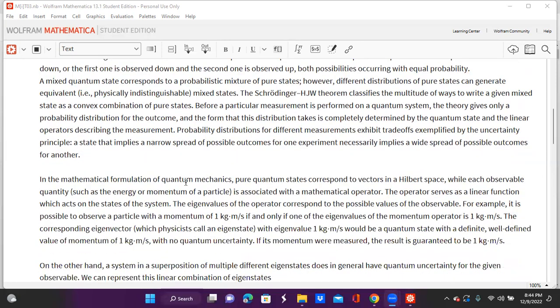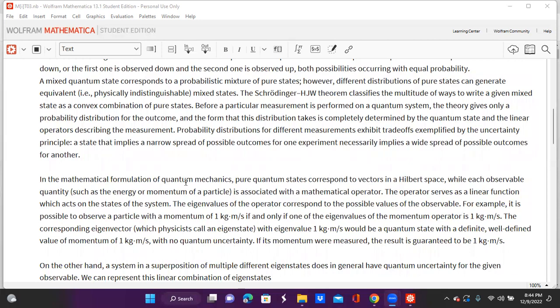The Schrödinger HJW theorem classifies the multitude of ways to write a given mixed state as a convex combination of pure states. Before a particular measurement is performed on a quantum system, the theory gives only a probability distribution for the outcome, and the form that this distribution takes is completely determined by the quantum state and the linear operators describing the measurement.